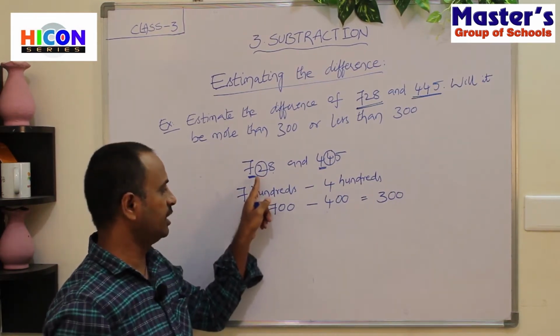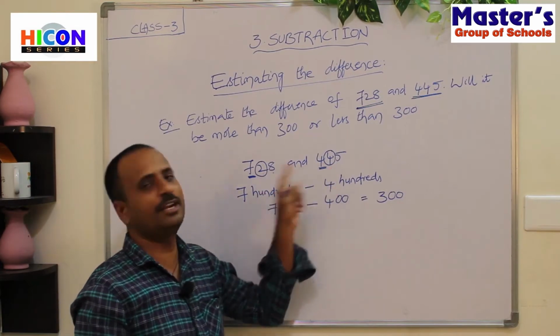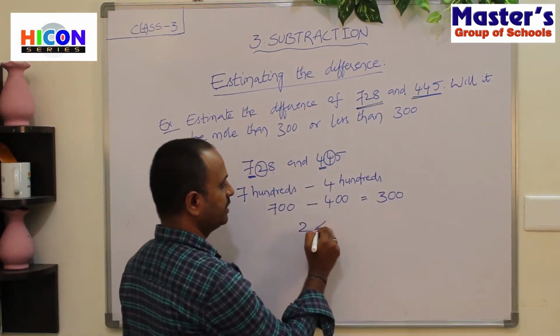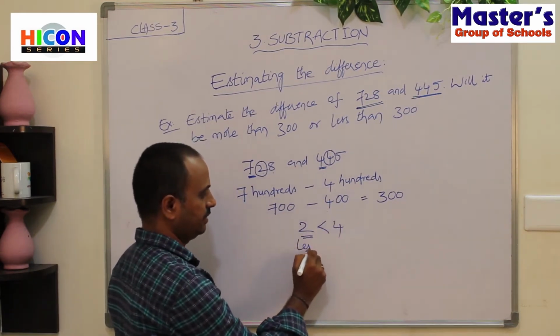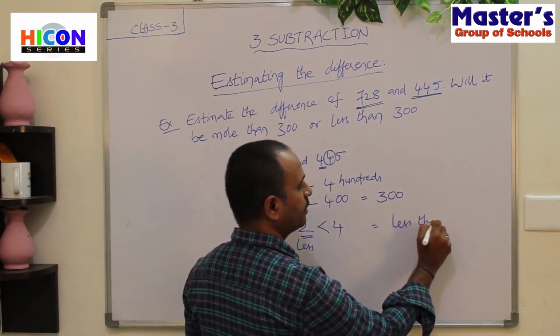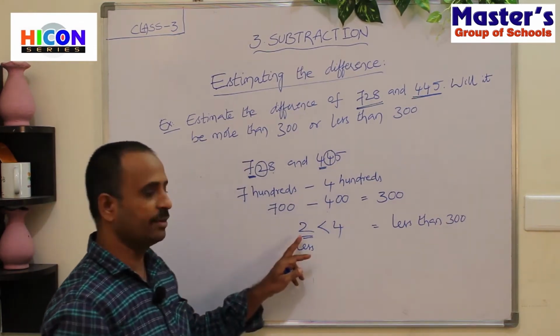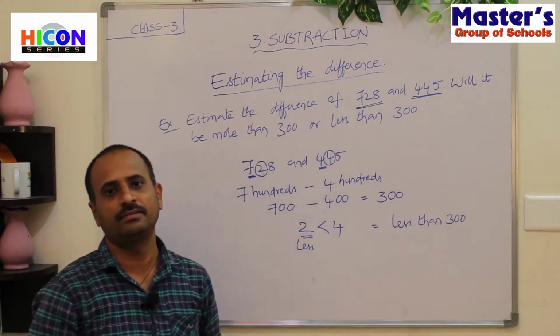If the first number is less than the second number, here 2 is less than 4, then the answer will be less than 300.